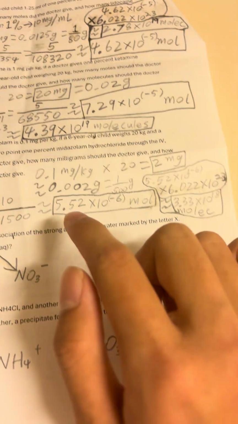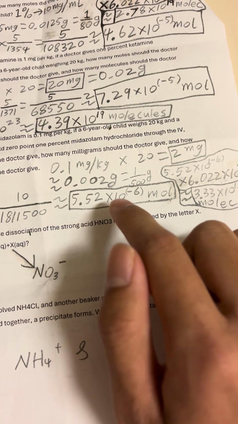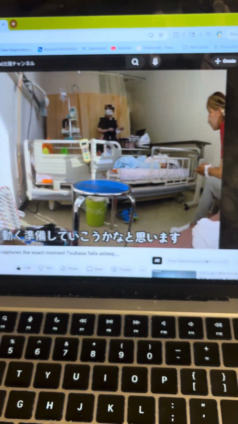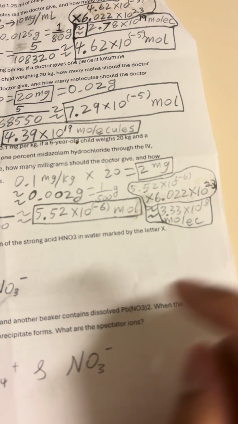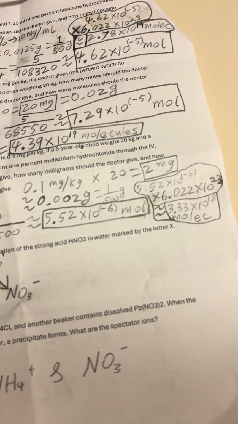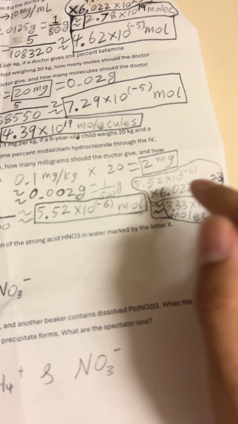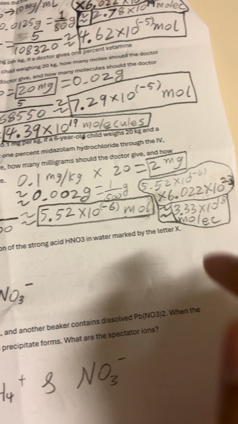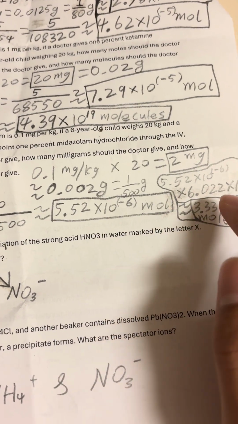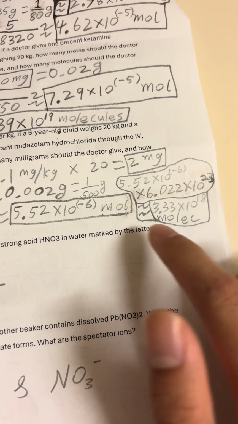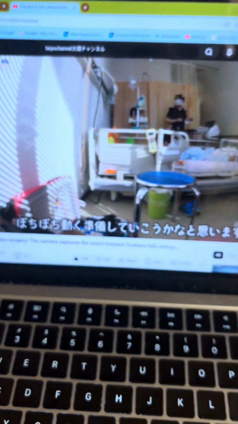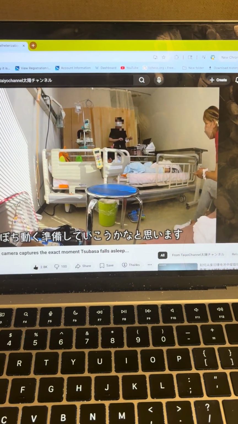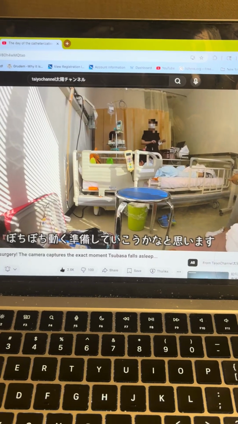So if they're using midazolam, they would be giving 5.52 times 10 to the power of negative 6 moles to this child right here, if this child weighs about 20 kilograms. 5.52 times 10 to the power of negative 6 times Avogadro's number is 3.33 times 10 to the power of 18 molecules. So they will be giving 3.33 times 10 to the power of 18 midazolam molecules.